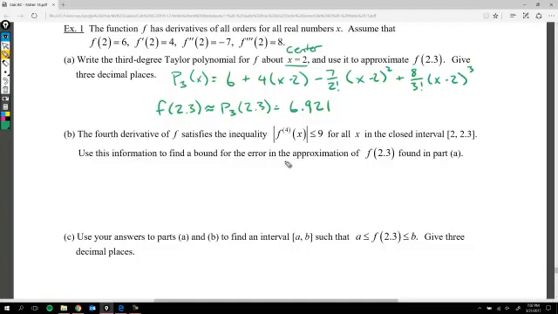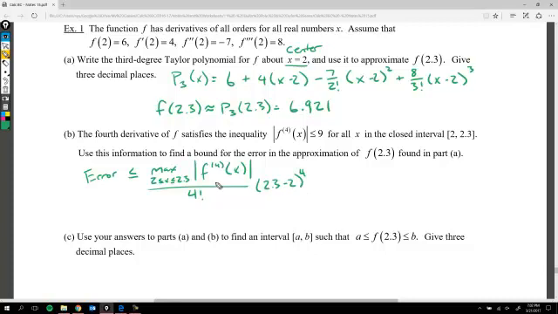Right, now I'm trying to find a bound for the error of my approximation. Well, I know that my error has to be less than or equal to the maximum value between 2 and 2.3 of f to the fourth derivative of x, divided by 4 factorial times 2.3 minus 2 to the fourth power.